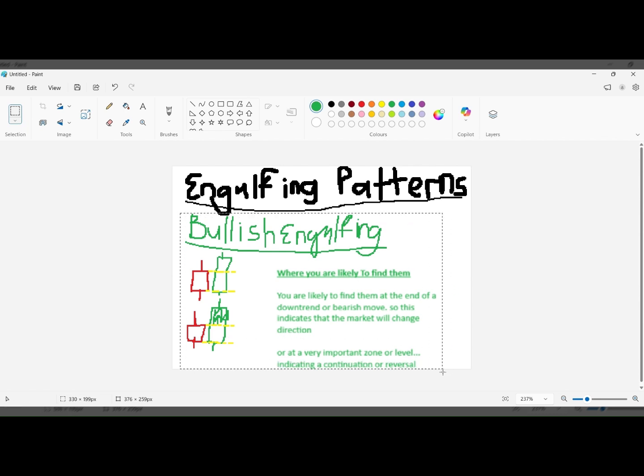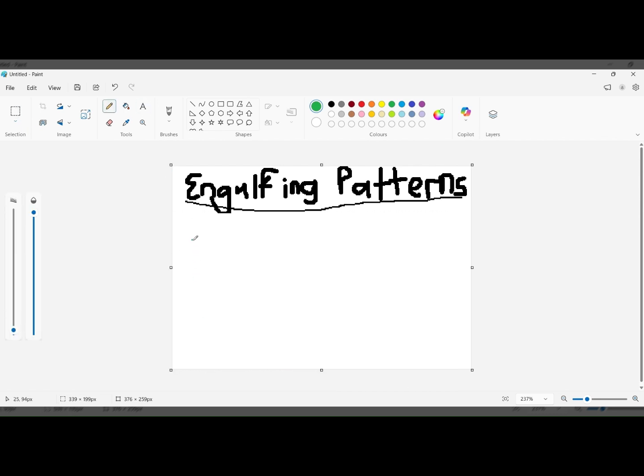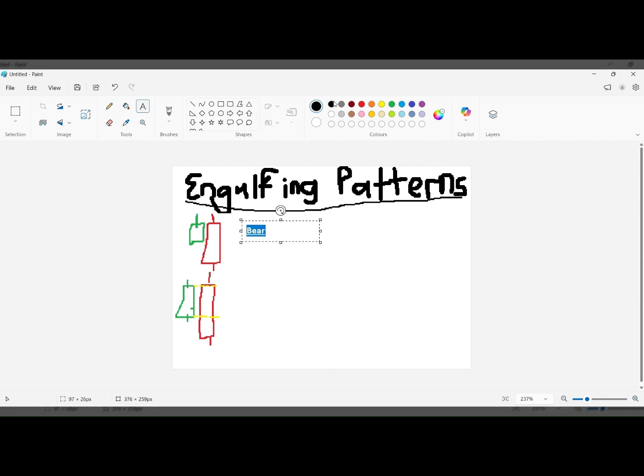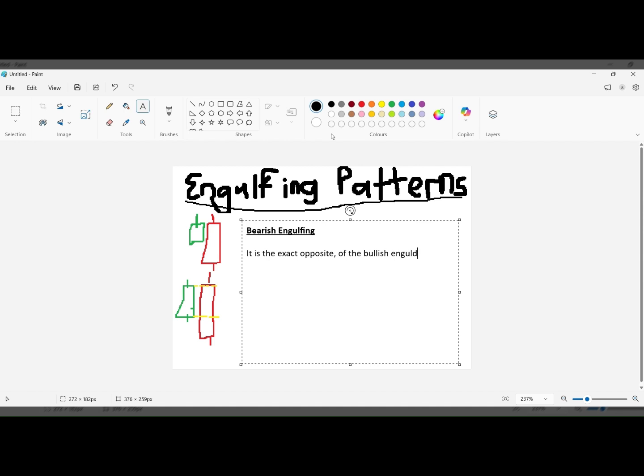Now we will go with the bearish engulfing pattern. A bearish engulfing means there's a bullish candle going up, and then all of a sudden you find a candle that engulfs the previous candle, meaning that the bearish candlestick will close below the previous open. It is the exact opposite of the bullish engulfing pattern, but performs more or less the same function.